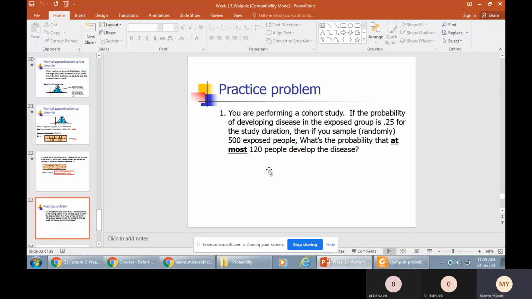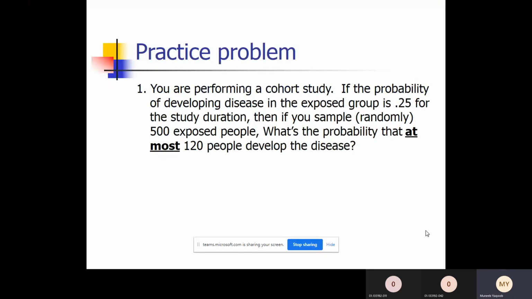Now coming to the next slide, there is another problem that we can calculate using this binomial normal approximation. The question is: if you are performing a cohort study and the probability of developing disease in the exposed group is 0.25 for the study duration, and you are sampling 500 exposed people, what is the probability that at most 120 people develop the disease?